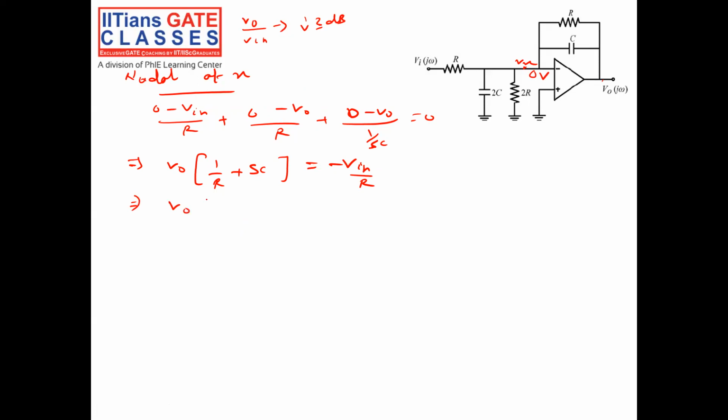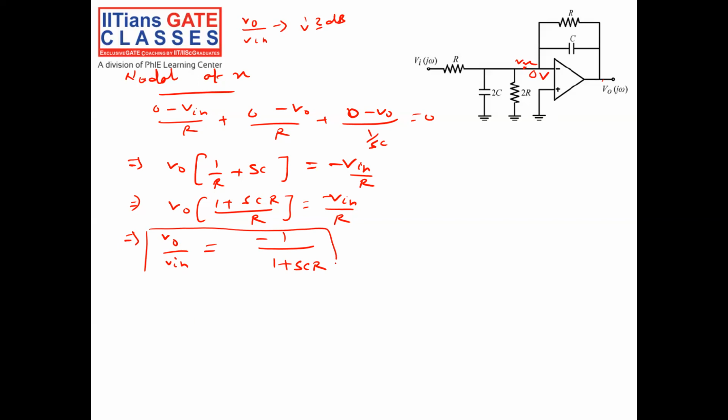This implies V0 into (1 plus SCR) by R is equal to minus Vin by R. This implies V0 by Vin is equal to minus 1 by (1 plus SCR), right?